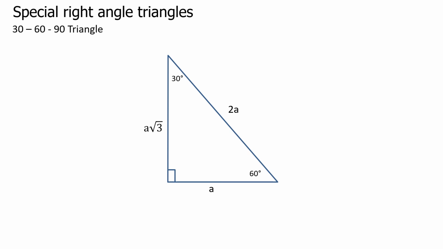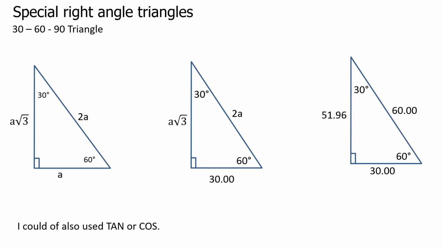Another special triangle is the 30, 60, 90 triangle. Again, this can be used to quickly determine lengths and angles. We can see the relationship of the sides with each other, but remember this only works with a 30, 60, 90 degree triangle. In this example, we have side A, which is 30 millimeters.